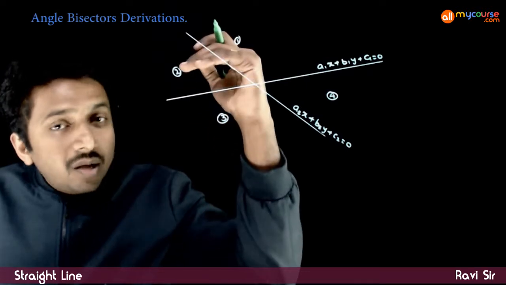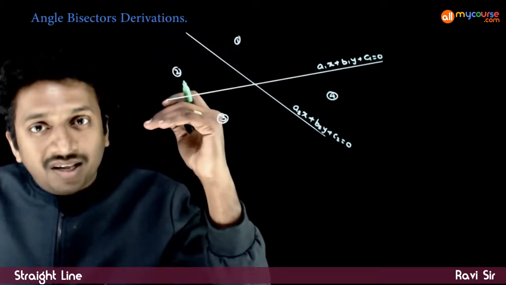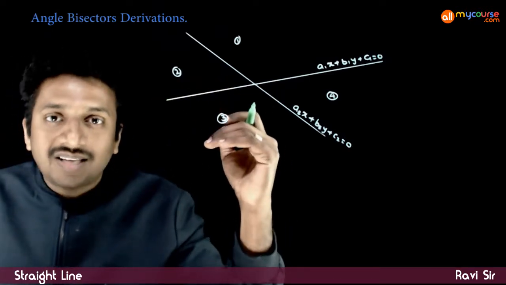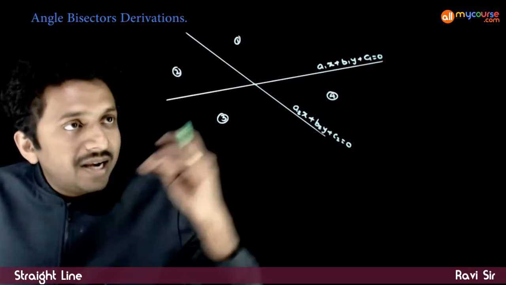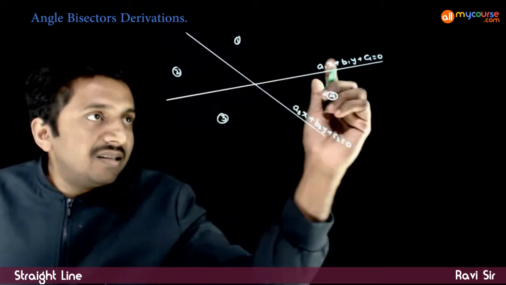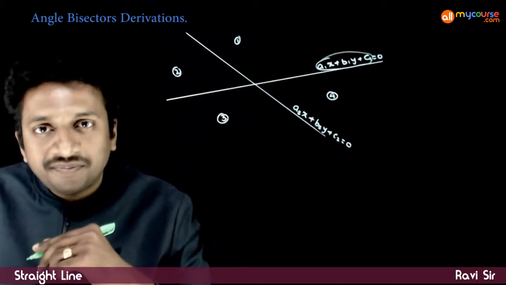All the points on one side of the line satisfy one of the inequalities, suppose greater than 0. All the points on the other side satisfy the other inequality, less than 0.